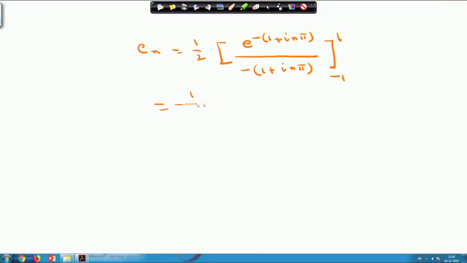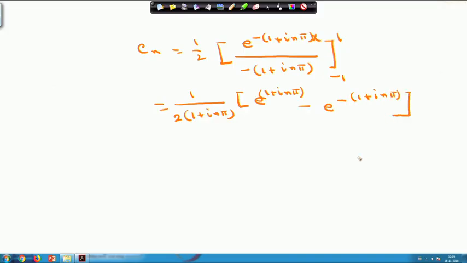So, you will obtain 1 by twice into (1 + i n π) coming over here, and this you will obtain as e^(-(1 + i n π)) minus e^(1 + i n π), where x goes from minus 1 to 1. This value we are obtaining.